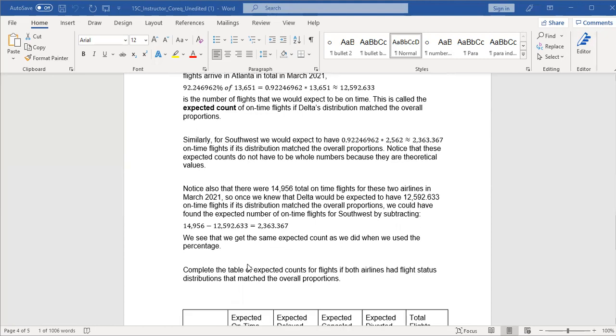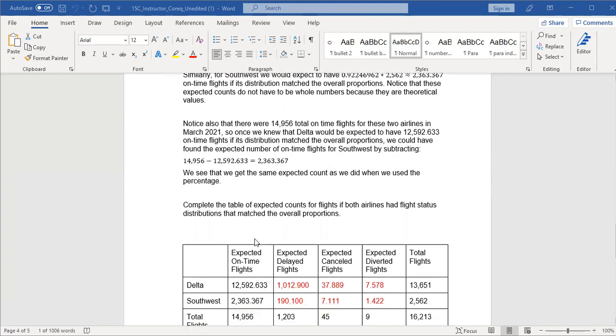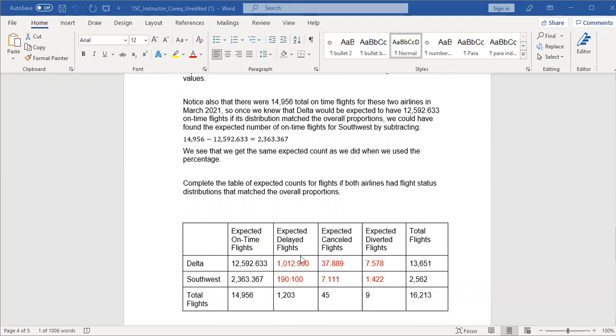And basically, we should have the same number that we get by multiplying by the proportion. So we see that it would be the same number. Now complete the table of expected counts for flights if both airlines had a flight status distribution that matched the overall proportion. Since we have the proportion for the delayed flights, we can use the overall proportion and multiply by the number of delayed flights for Delta Airlines and also for Southwest Airlines.